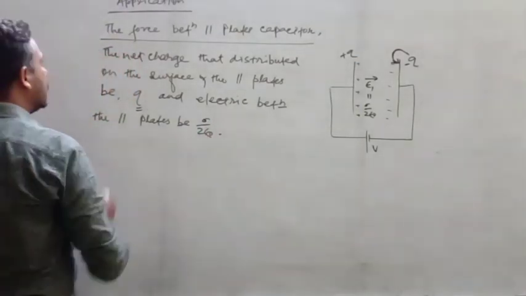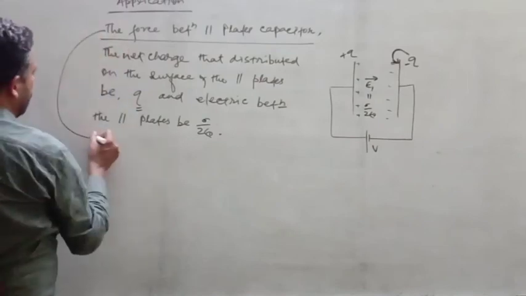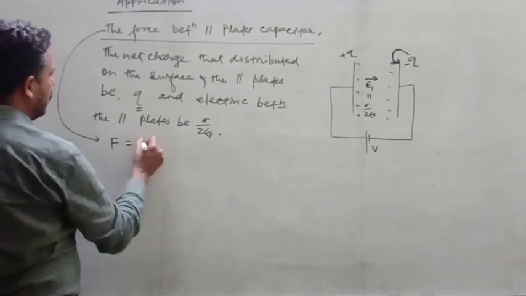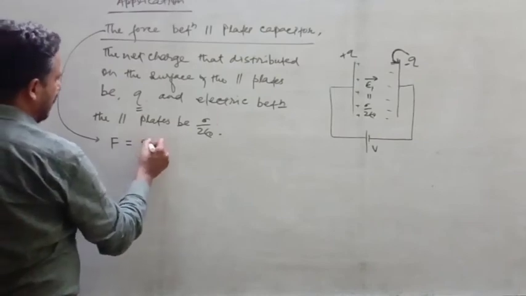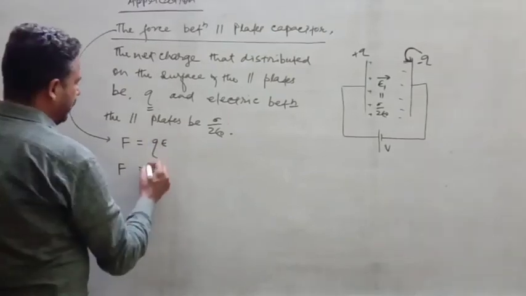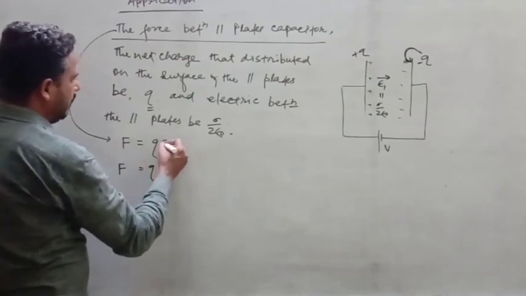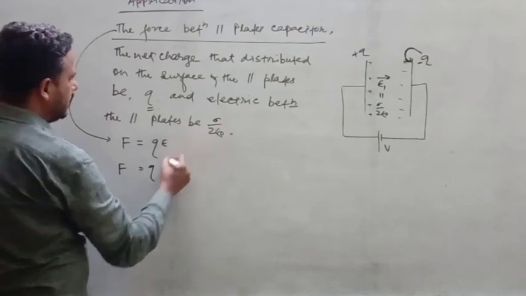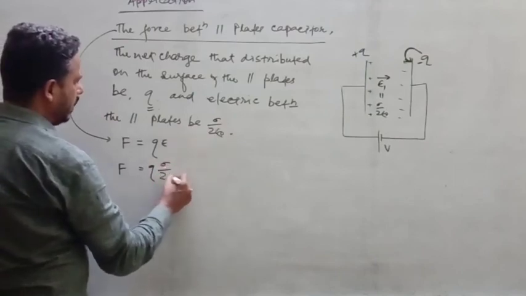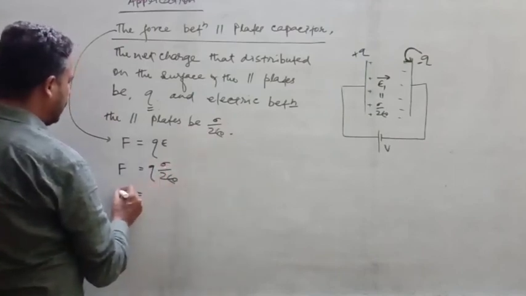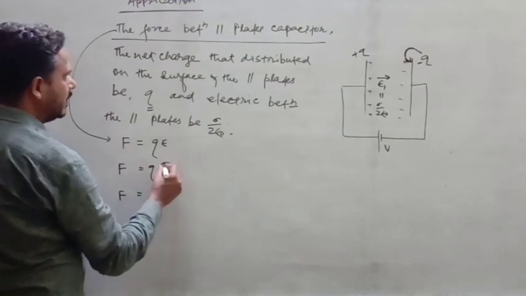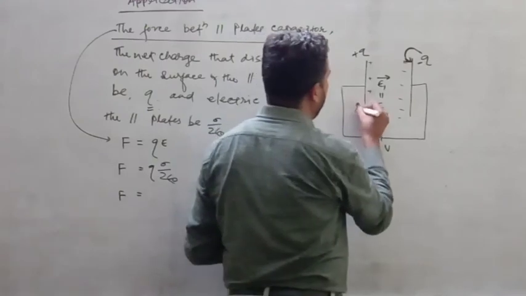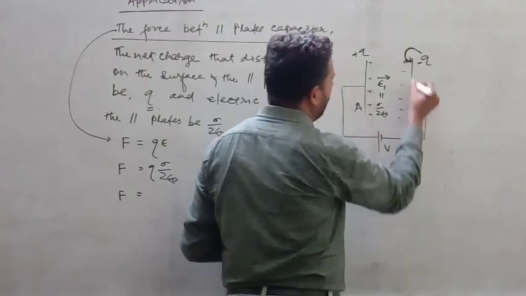So the force between the parallel plates capacitor is Q E. So from here Q, and put the value of E from here. So this is sigma by 2 epsilon naught, and now put the value of sigma. So how much is sigma? This is charge per unit area. Let A be the area of both of the plates.